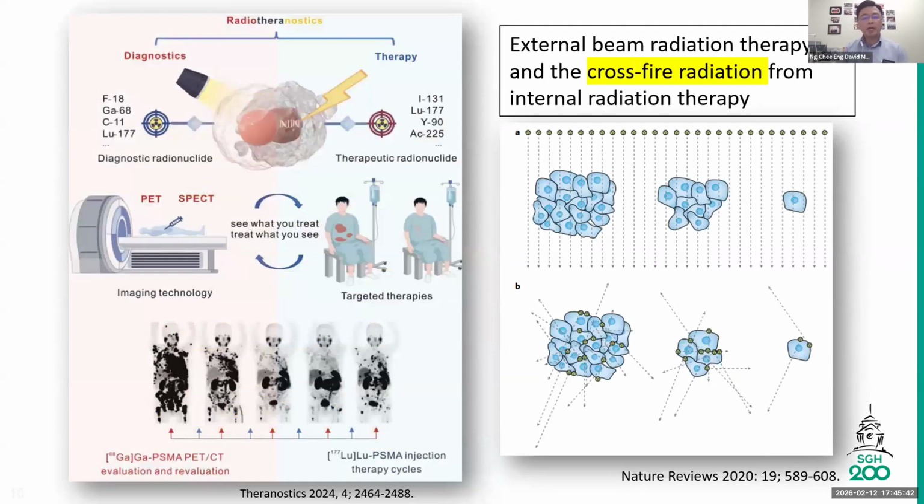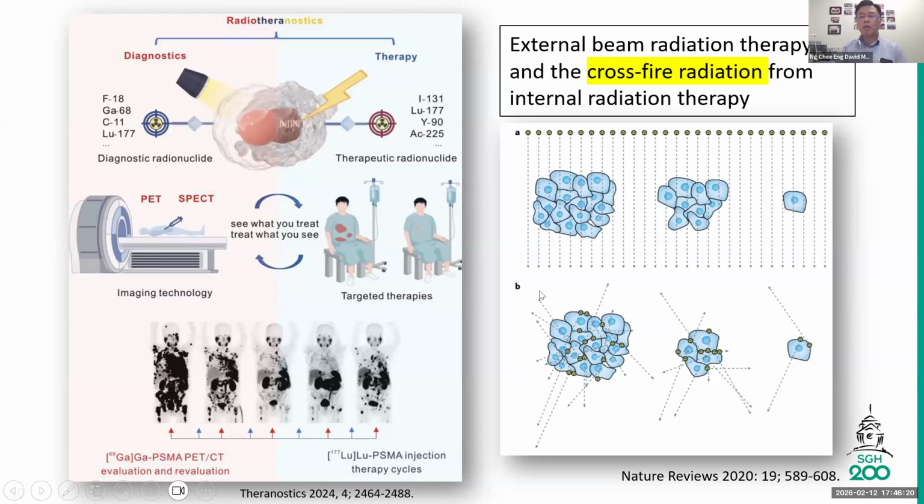The basic concept of radiotheranostics is that you see it and you treat it. To see it, you have positron emitting isotopes like fluorine-18, gallium-68, carbon-11, or a SPECT isotope that produces gamma rays, like lutetium-177, together with beta rays. Then you have a therapeutic radionuclide which you can substitute, such as lutetium, iodine-131, yttrium-90, and actinium-225.